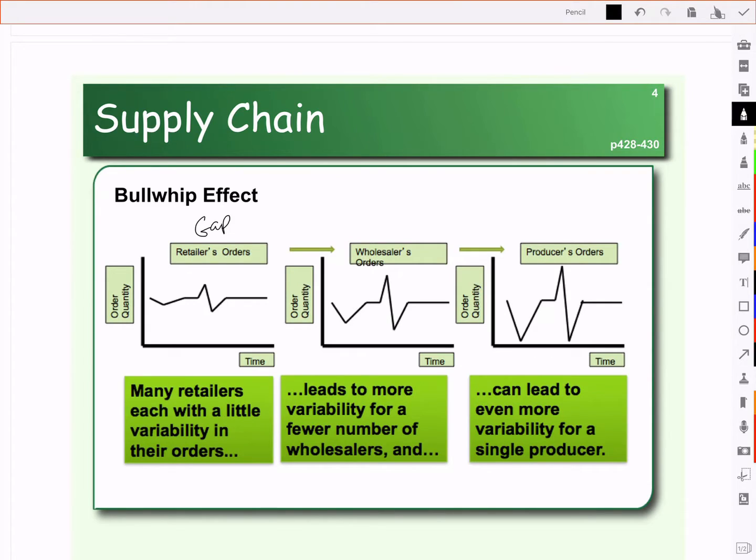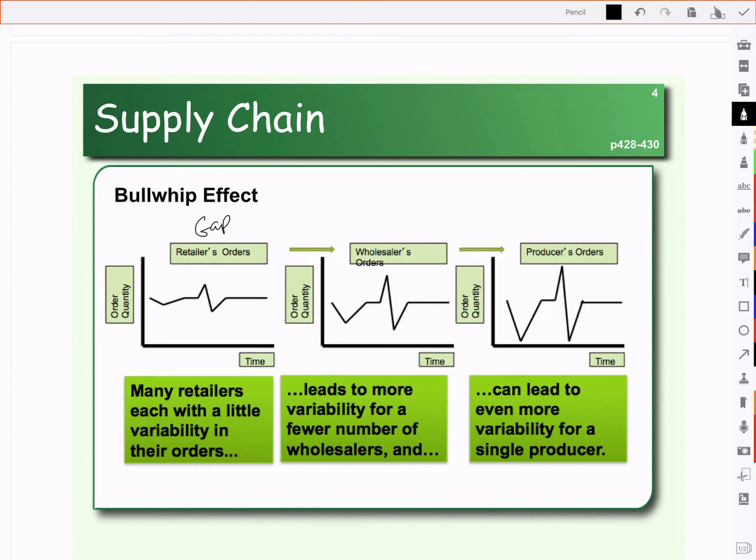The wholesaler has to place orders with the producer, whatever company is making the t-shirts. And since the wholesaler does not have direct contact with the customer, they're having to kind of make a guess as to how much the customer is going to want. They have to forecast that demand. And so the amount they order from the producer is going to start to see even more variability than closer to the customer.